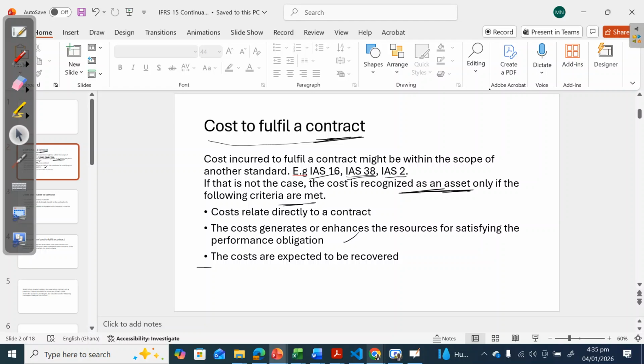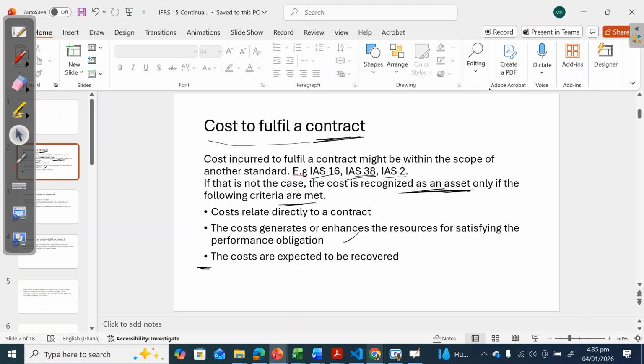Then the third point is the costs are expected to be recovered. As part of the contract, there's no way you are going to incur costs that you will not recover. Then what is the point? By all means, all the costs you are incurring, at the end of the day, the other party will pay for it.